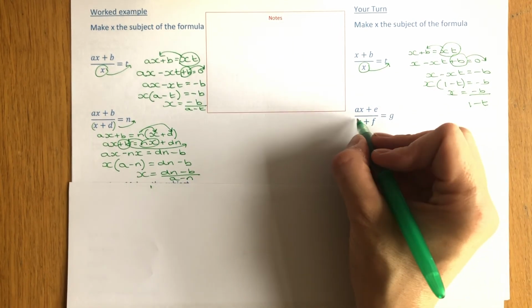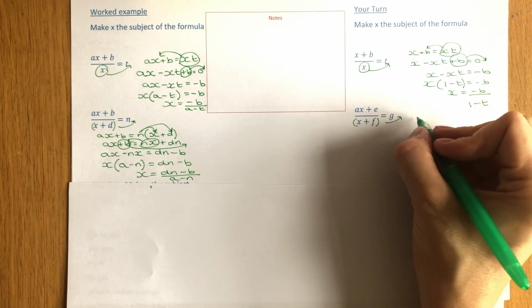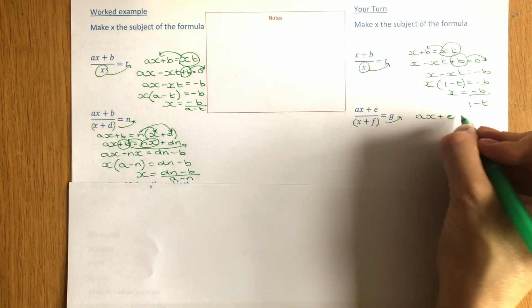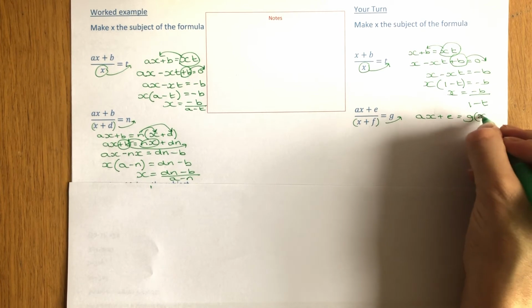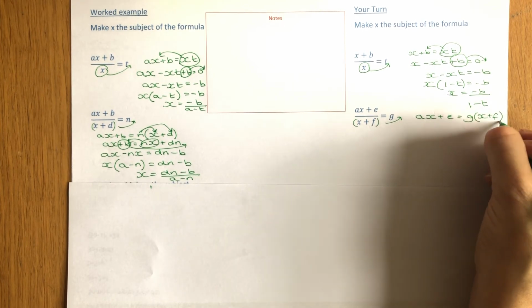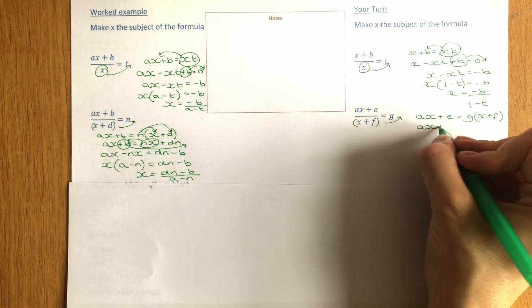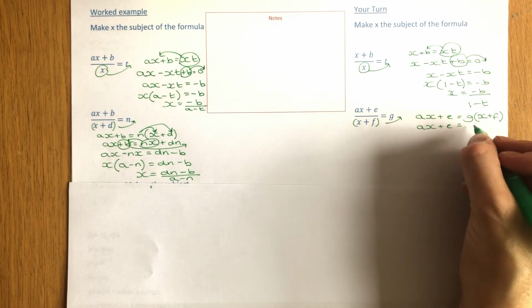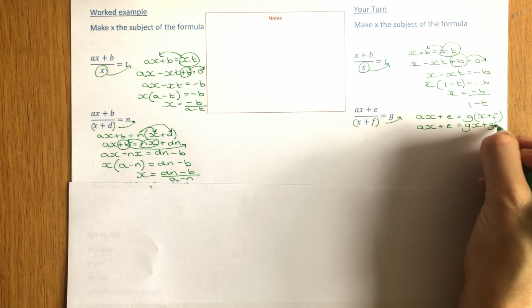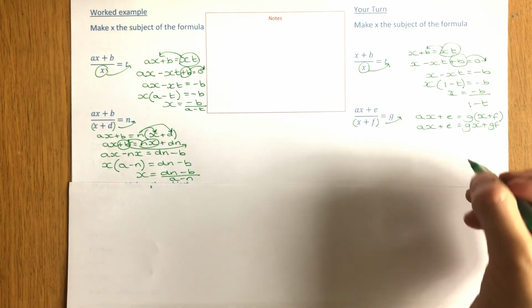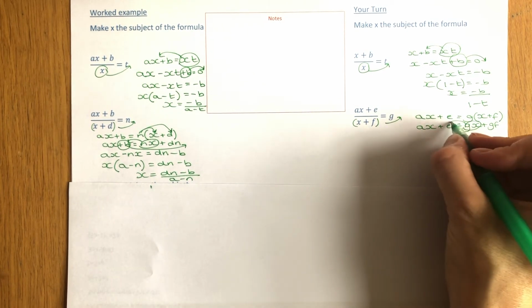Okay, and our next one here, we need to move this up. So I get ax add e equals g lots of x add f. In order to get to that x, we need to expand the bracket. Now you can get all the x's on one side. This comes over here.